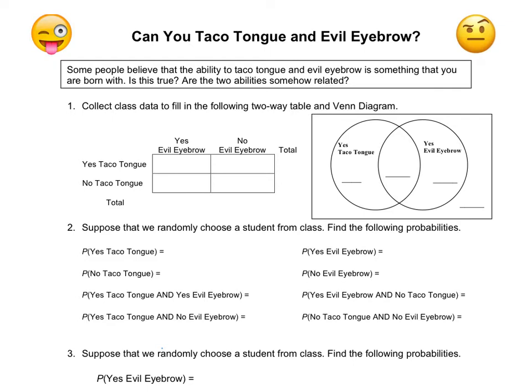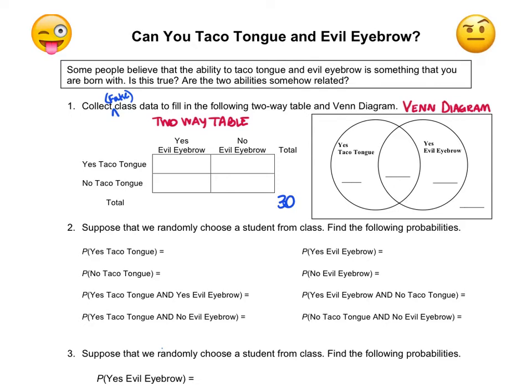So let's get started. Imagine that we were all sitting in class together, and all together there are 30 students. We ask which students are able to do the evil eyebrow and which students can do the taco tongue, and we ask everyone to raise their hands.